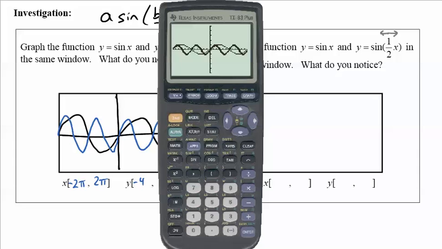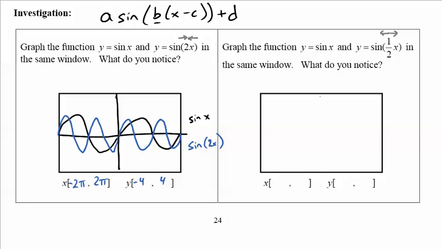I graph sine of x with sine of half x, I should expect to see an expansion. So here's the basic sine graph. And now my sine of half x is much, much wider. So my basic sine has one wave from 0 to 2 pi.